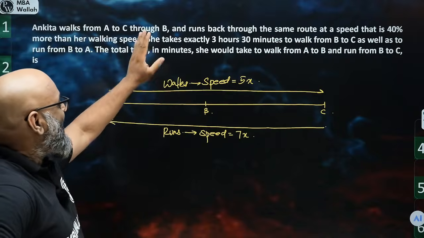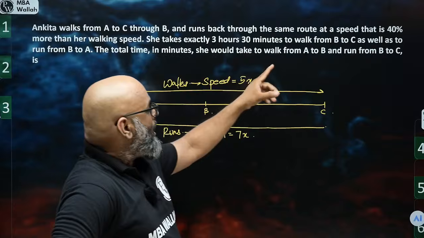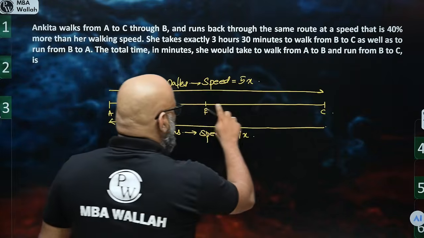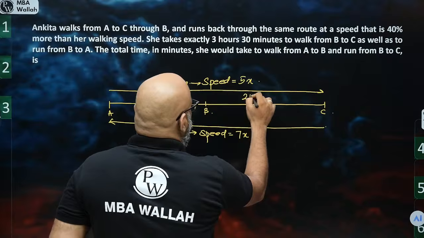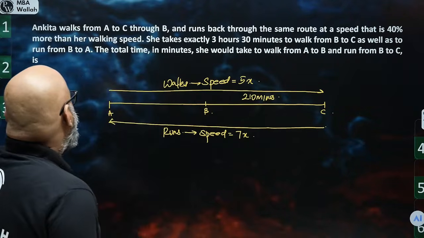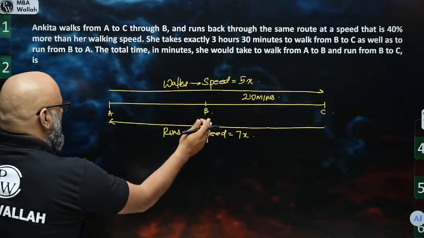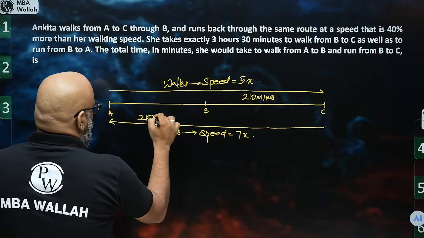She takes exactly 3 hours 30 minutes to walk from B to C. Walking B to C takes 3 hours 30 minutes. I'm going to call it 210 minutes. As well as to run from B to A. Running from B to A is also 3 hours 30 minutes, which is 210 minutes.